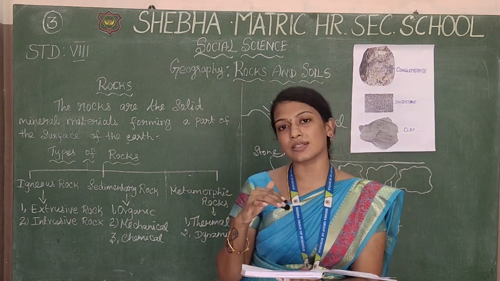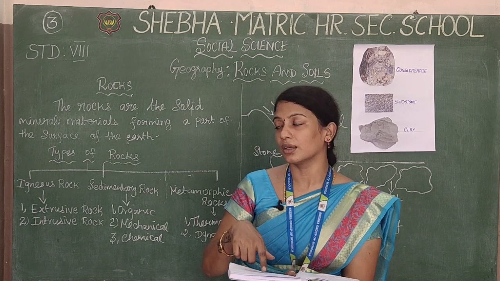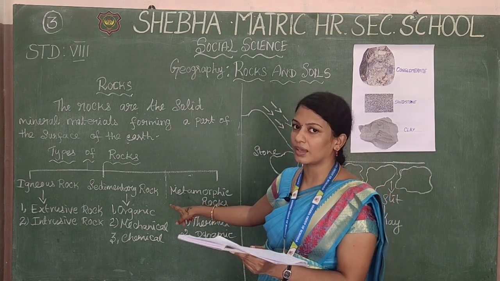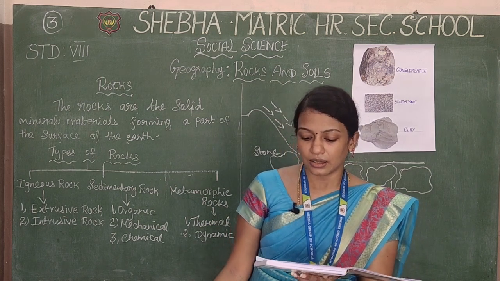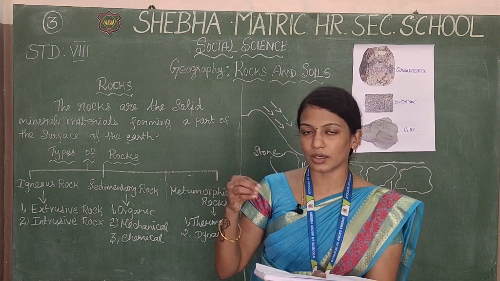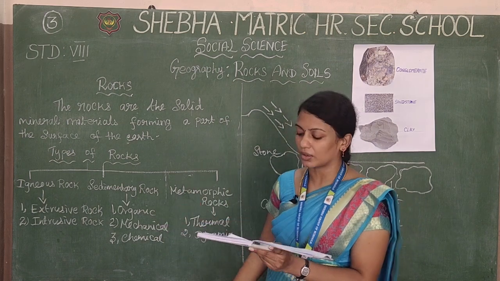They contain fossils. I told you there are no fossils in igneous rock, but sedimentary rocks have fossils, and they are eroded easily. Erosion is easily done in sedimentary rock.